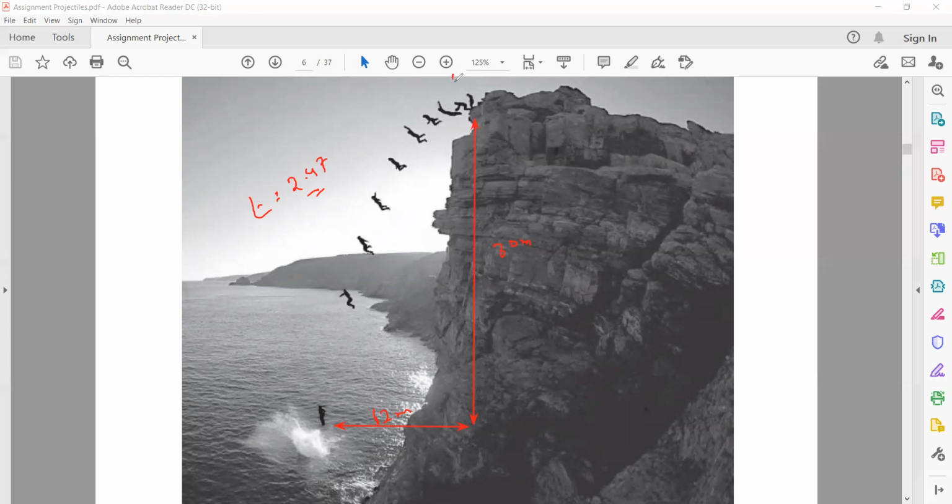At the maximum height, the horizontal velocity will be there, but the vertical will be 0. So there is no vertical, there will be horizontal, but the vertical will be 0. The starting vertical is 0. We need the final vertical, so we need V here. So we can use the equation of motion V equals U plus AT. V is the final vertical, initial vertical is 0, gravity is 9.8 multiplied by 2.47.